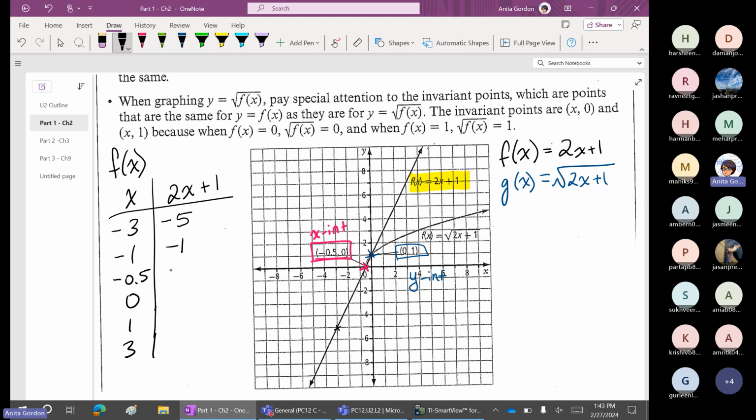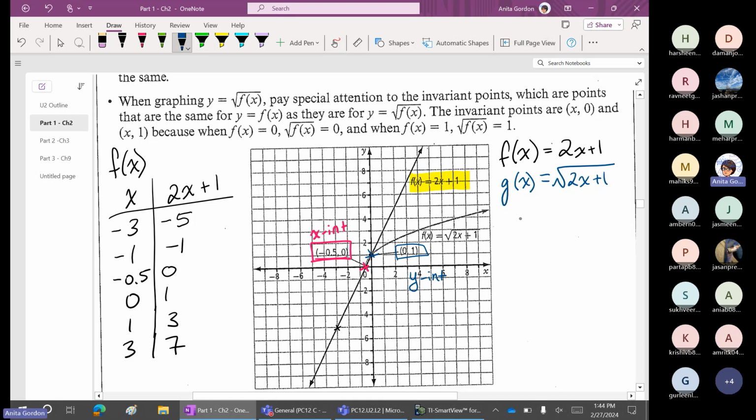Negative 5 is 0, right? I'm just looking at the graph. At 0, I have 1. At 1, where am I? 3. And at 3, 7.